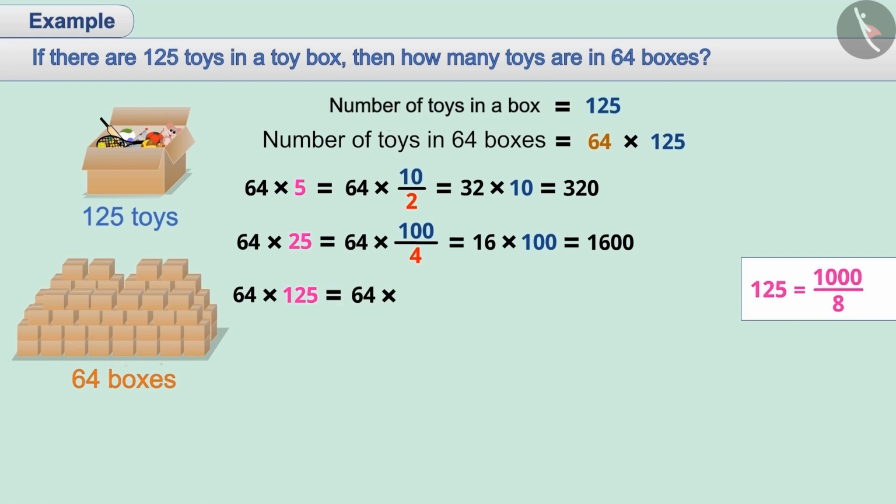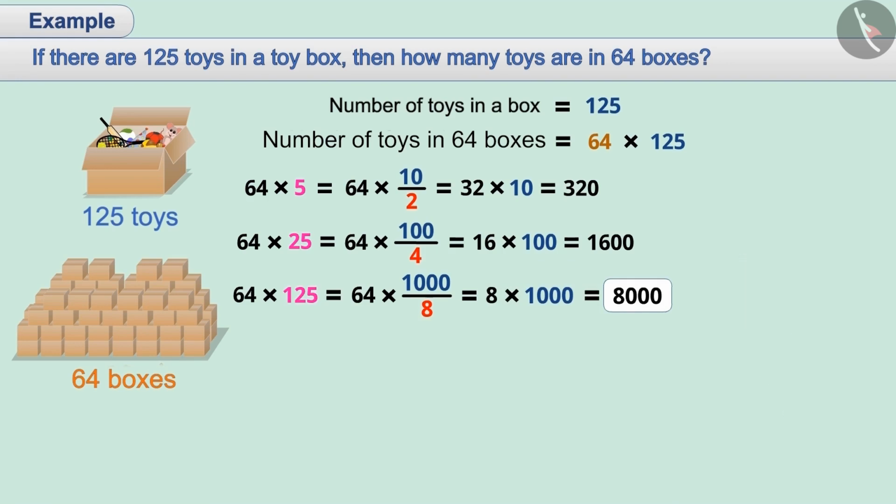Therefore, we will replace 125 by 1000 by 8. Then, we will divide 64 by 8. We get 8, which is further multiplied by 1000 to get 8000. Therefore, if there are 125 toys in a box, then there will be 8000 toys in 64 boxes.